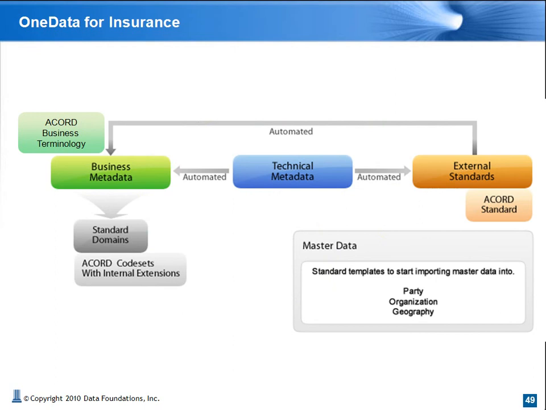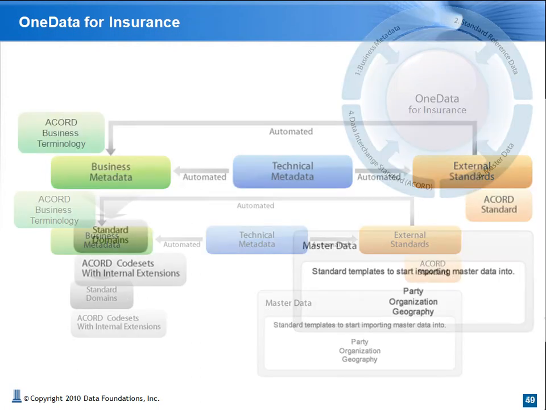The solution comes with templates supporting party, organization, and geography, maps to the external ACORD standard, and in turn allows users to build a standard business metadata layer employing ACORD terminology through standard domains, and finally map internal or business file term extensions to ACORD code sets.